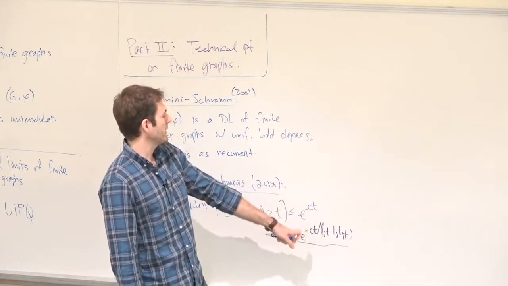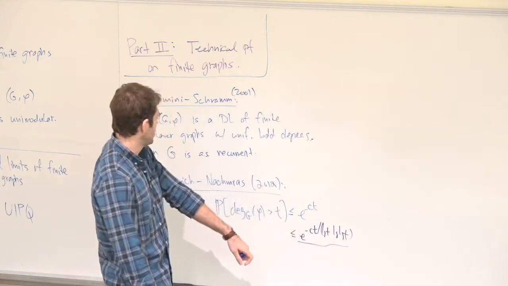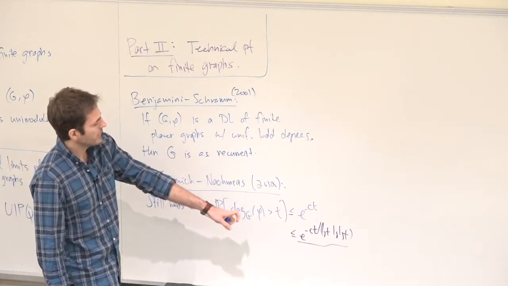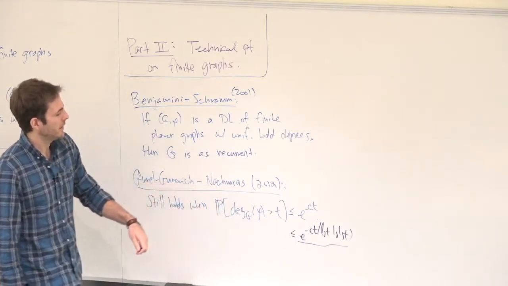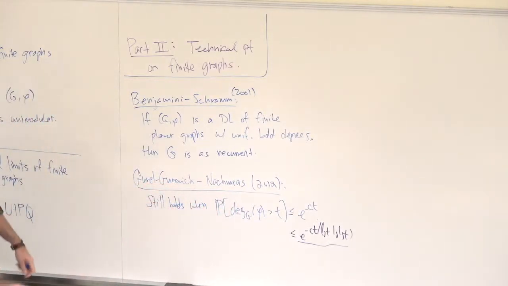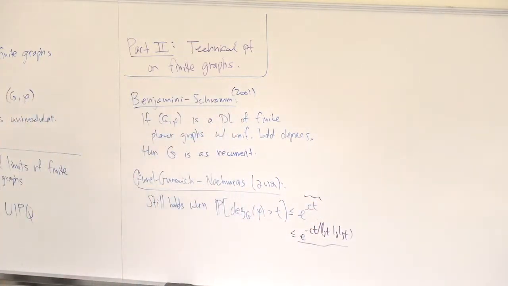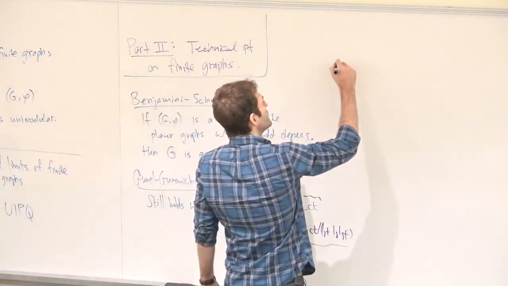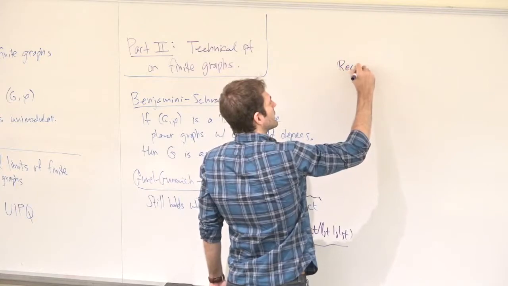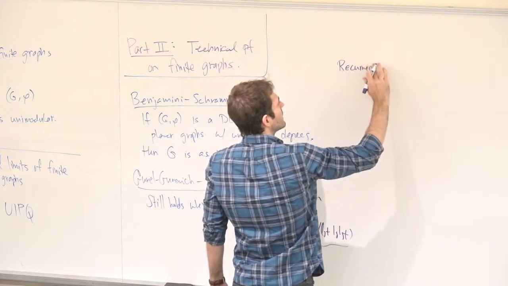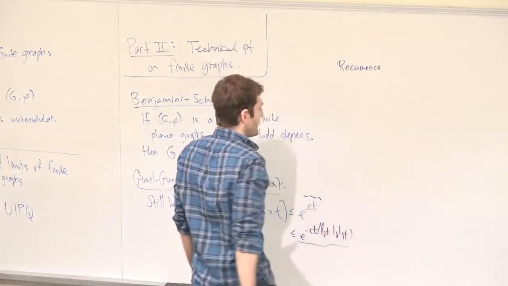But anything slightly worse than that, there are examples of graphs where the degree of the root has that law, but they're almost surely transient. So the point is, this is really pretty sharp and delicate. And how do they prove this? So you use the relationship between recurrence and effective resistances.